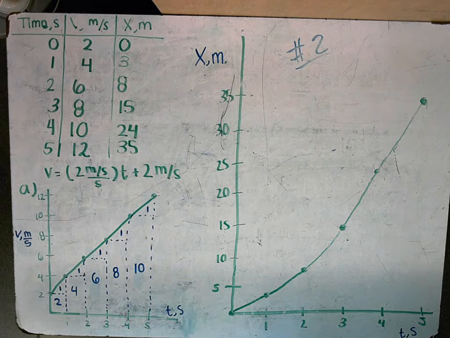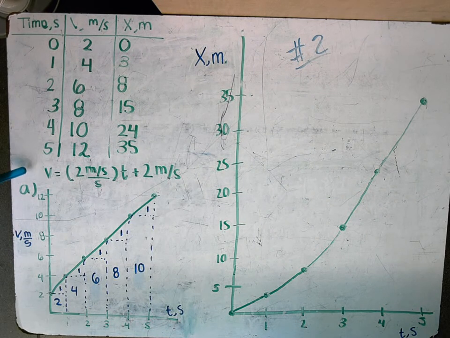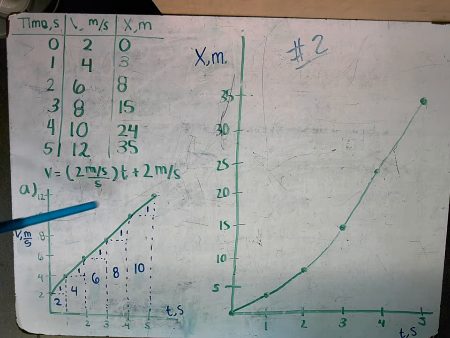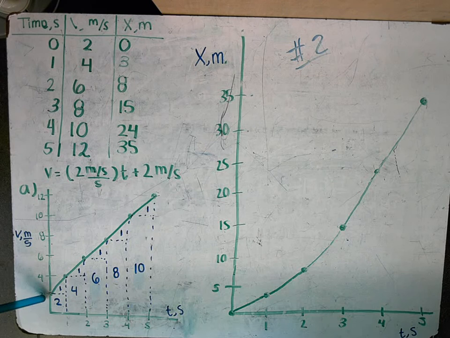So that's part A. Now part B, you wanted the mathematical model. And here it is, right here. Should have labeled it part B though, but that's okay. They all got it on one word. So if you think y equals mx plus b, v equals, well, here's your slope. Your slope is 2 meters per second, a rise of 2 meters per second every second.